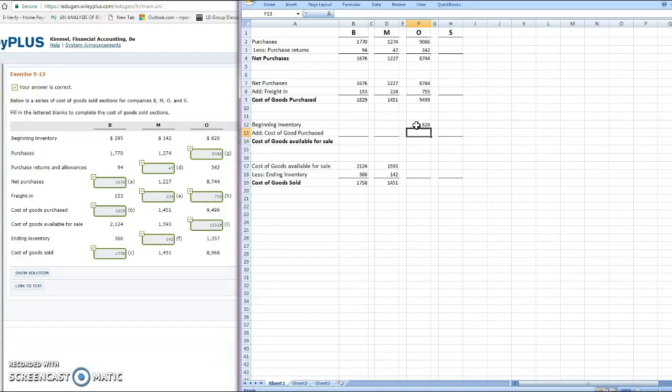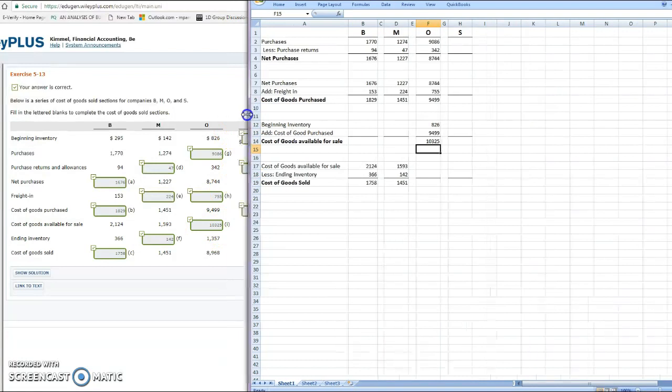We are going to add in the cost of goods purchased right here, which is $9,499. Add those two together, and we get $10,325. So we can enter that number in for the cost of goods available for sale.